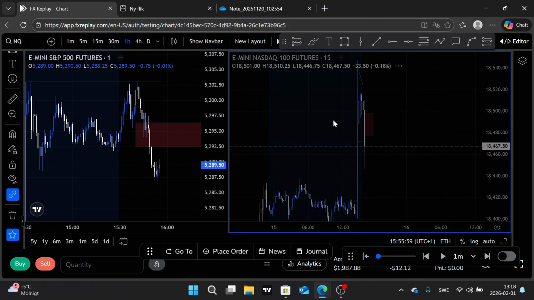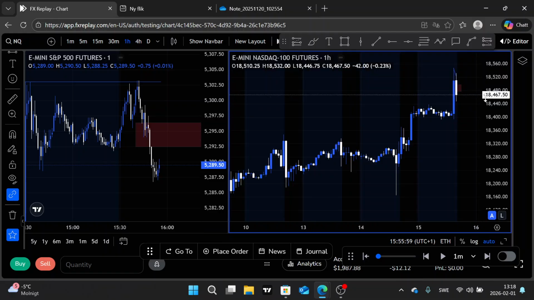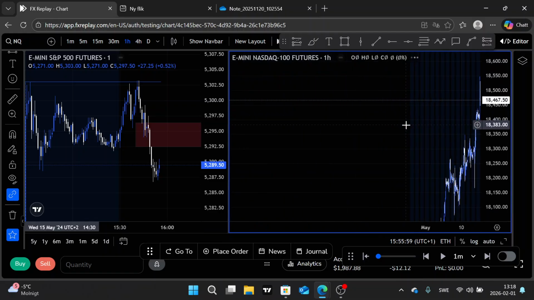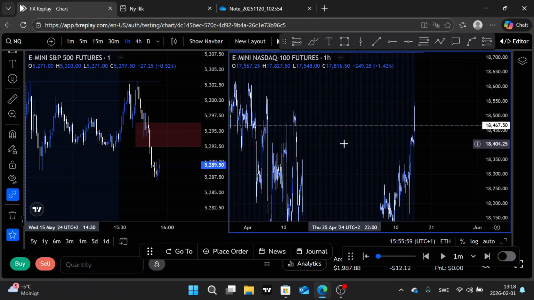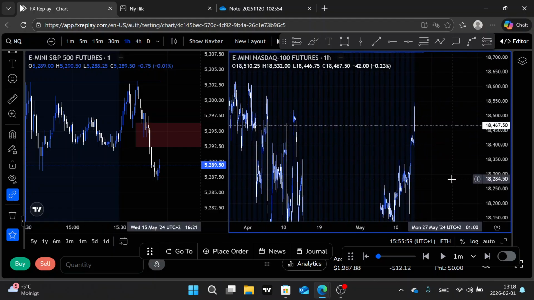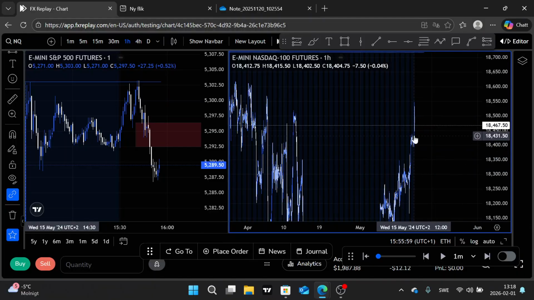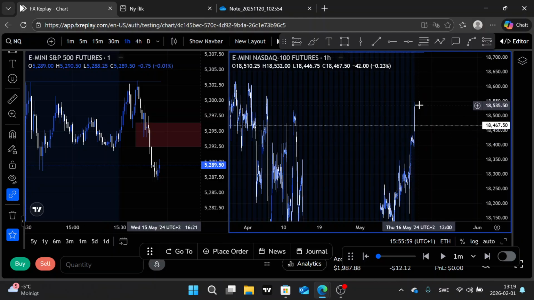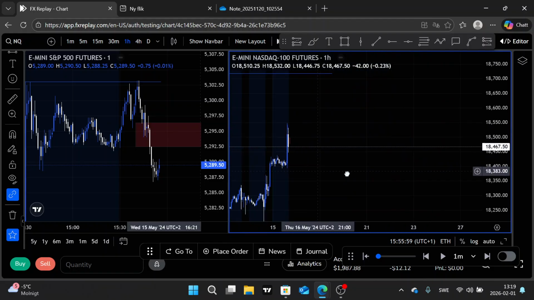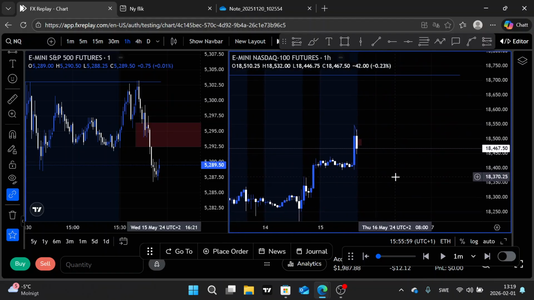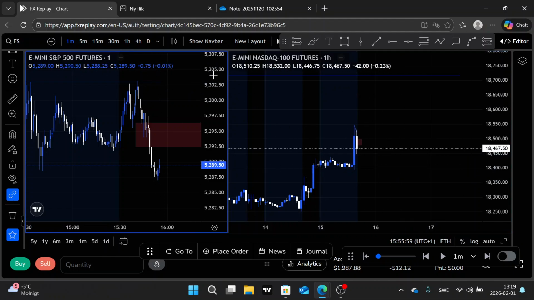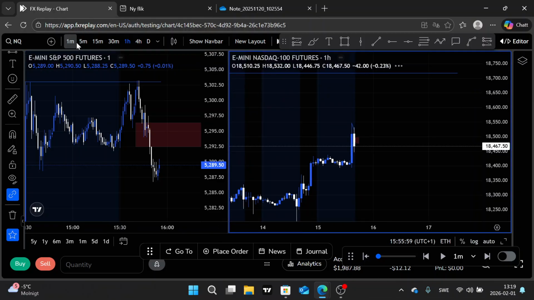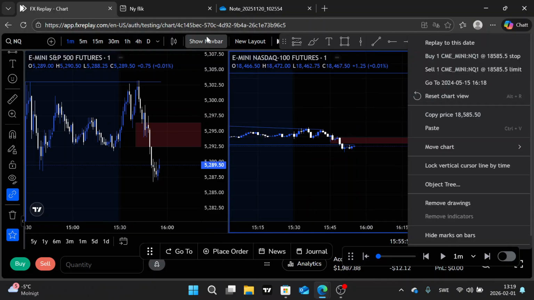Let's zoom out. Yeah, buy side taken. We move back down to rebalance to fair value gap and go to equilibrium of this candle that we created, and what do I expect?